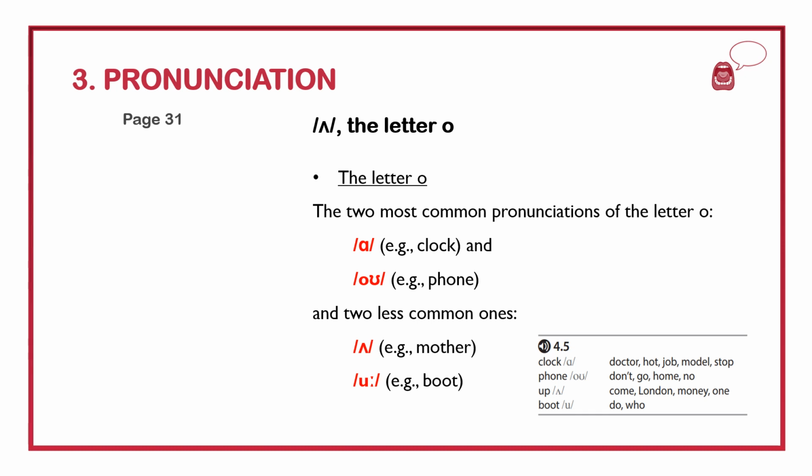Let's check now. So we have clock with the A sound, and the examples are doctor, hot, job, model, and stop. And then we have the O sound with phone, don't, go, home, no. We have the A sound, up, come, London, money, one.